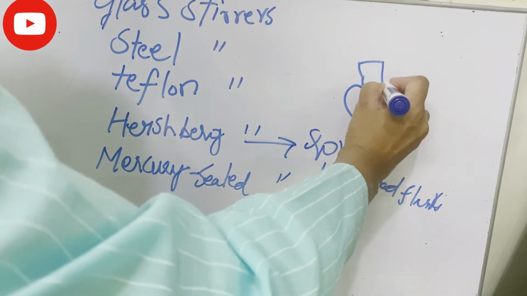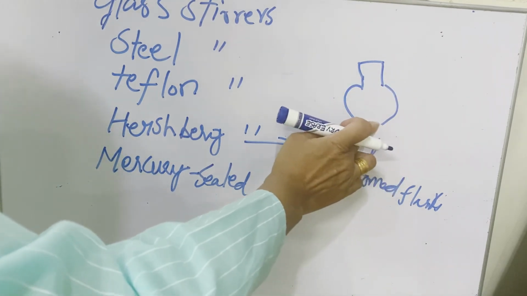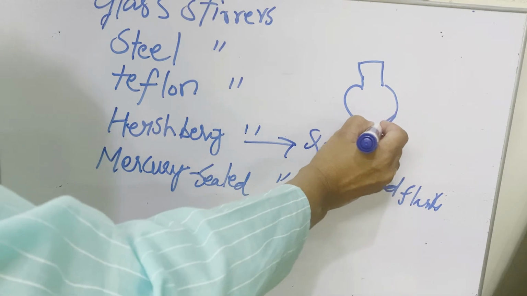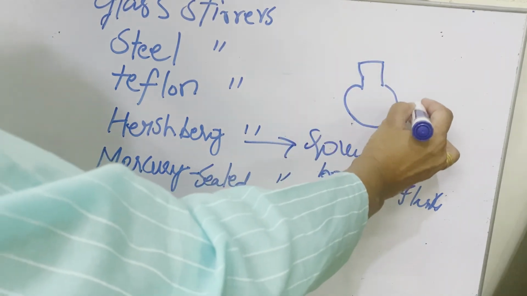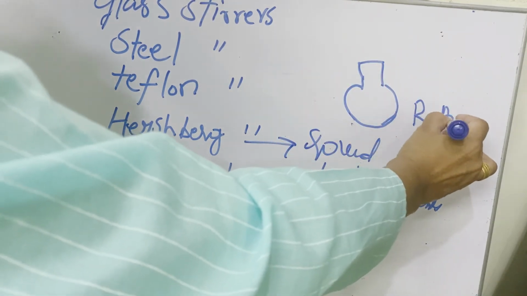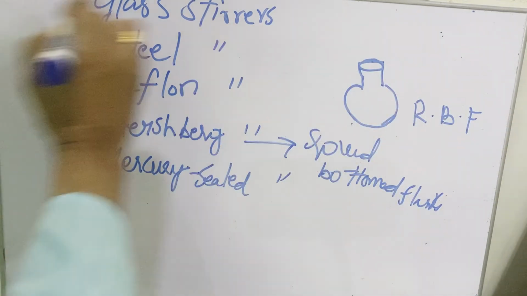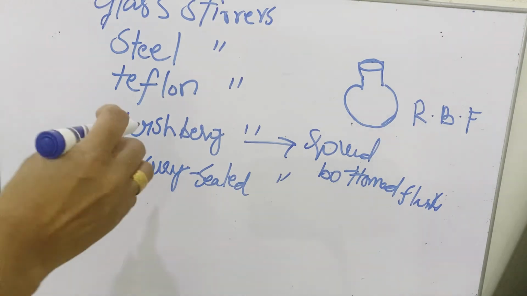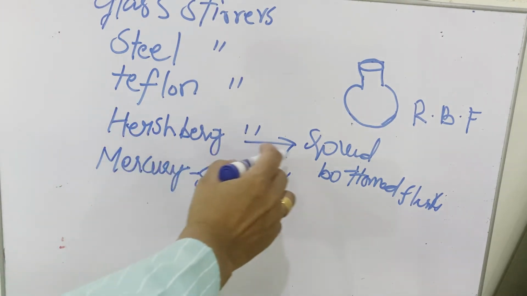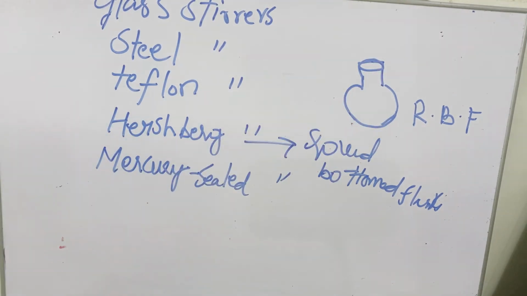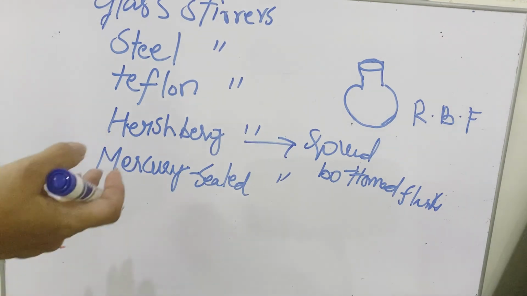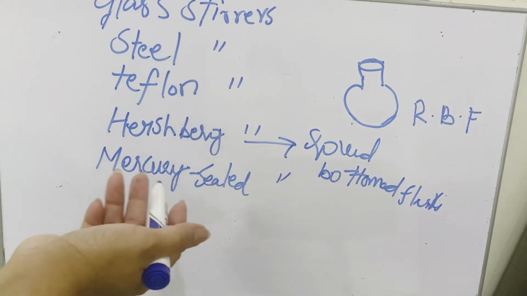This has got a round bottom. This is a round-bottomed flask. So this type of stirrer, the Hirschberg stirrer, is used basically in the round-bottomed flask. I will show you in the figures. I will draw it for you so that you can see.